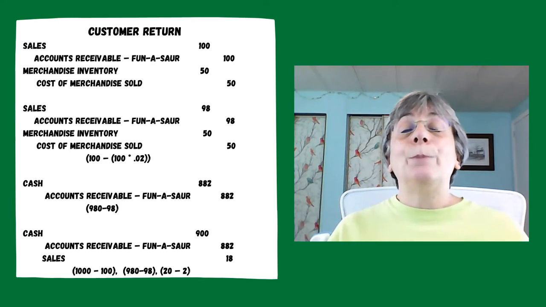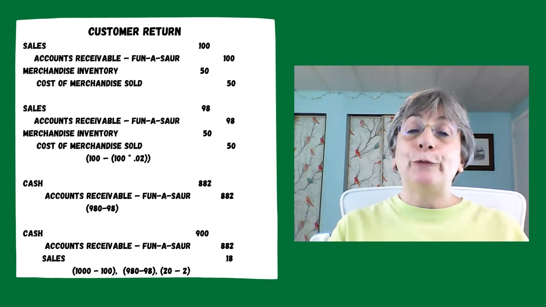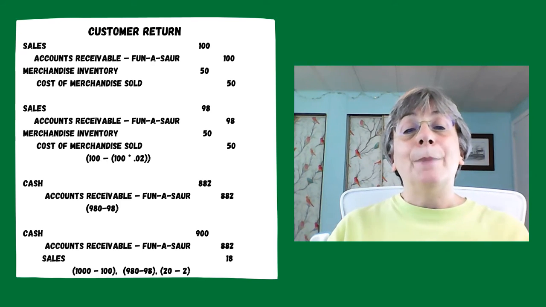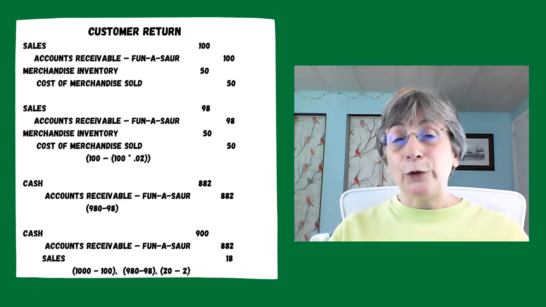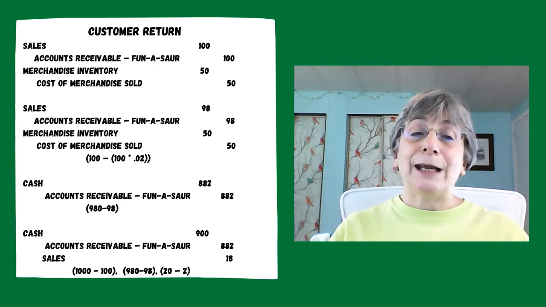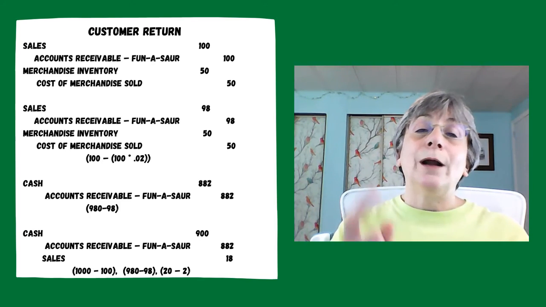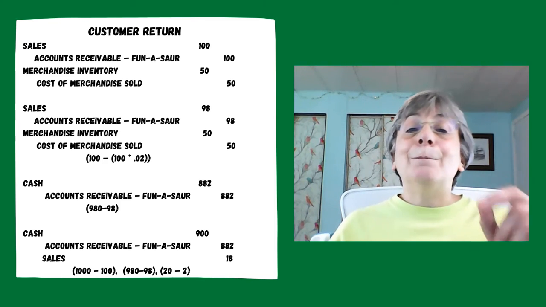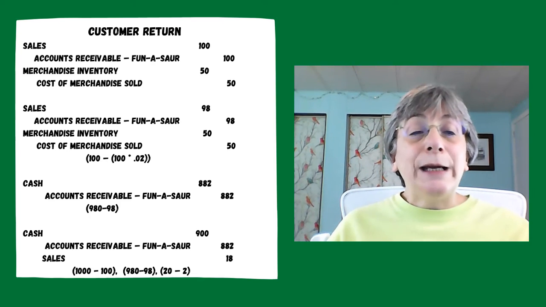But what if they don't pay within terms, you ask? If they do not pay within terms, they're going to owe us the full amount. So it's going to be $1,000 minus the $100 that they returned. So we would be getting $900 in cash, debit to cash. We would be reducing our accounts receivable for Funosaur by $882, which is the $980 minus the $98, the two discounted amounts, for $882.